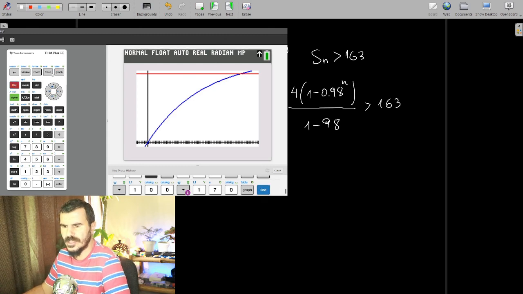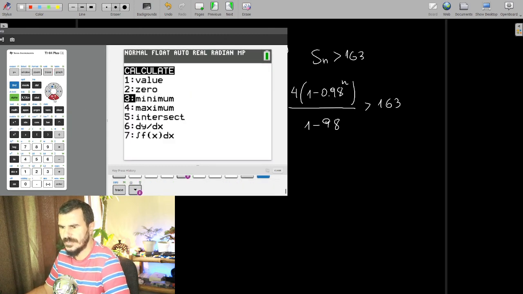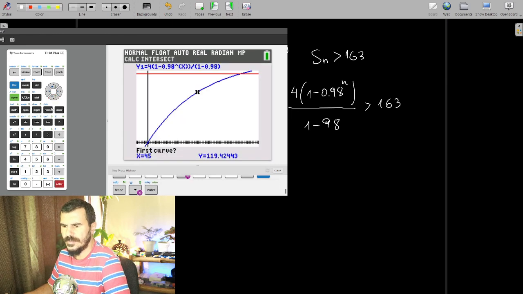So I will press second, trace, intersection. The first curve is this one, the second curve this one. I will go close to my solution. There, enter. 83.5.